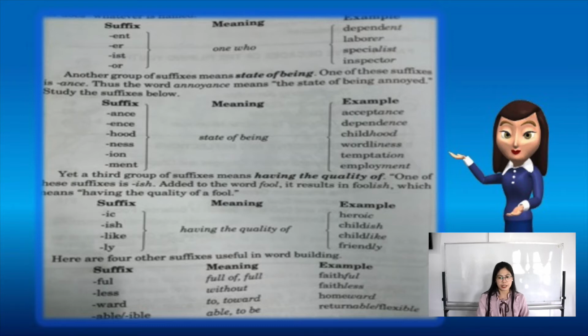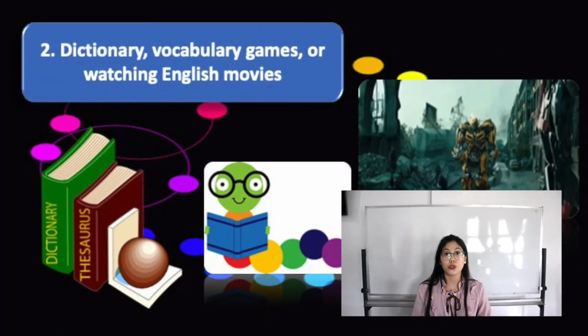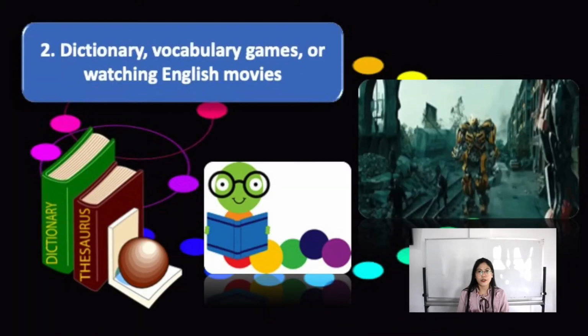who inspects. Another way to improve your vocabulary is using a dictionary. If you don't want to use the traditional dictionary book, you can use downloadable dictionary apps such as Merriam-Webster, and also you can play vocabulary games such as crossword puzzles that may help you in your vocabulary.